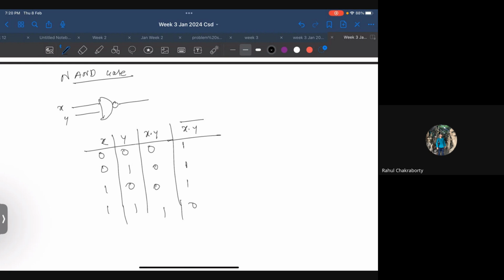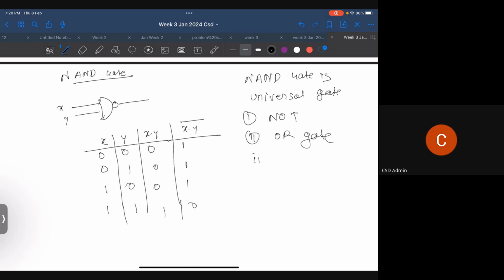NAND gate is a universal gate also, right? So how is the NAND gate a universal gate? NAND and NOR both are. From the NAND gate we can derive the NOT gate, OR gate, and AND gate.